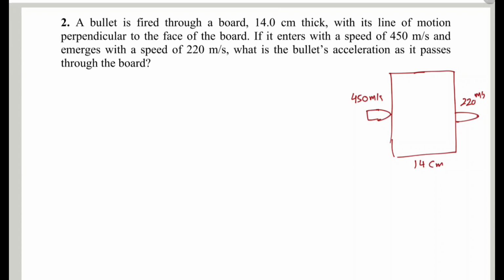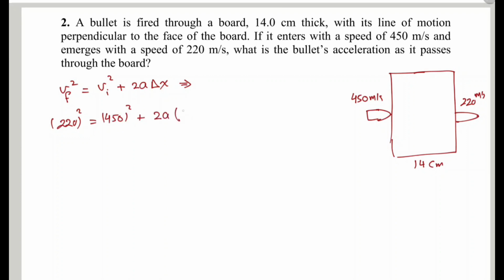Now let's use equations of motion. V final squared equals V initial squared plus 2a delta x, and you solve this one here. The final velocity is 220 squared equal to the initial velocity 450 squared plus 2a.